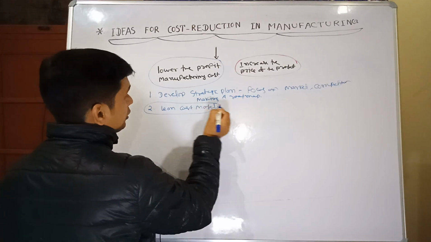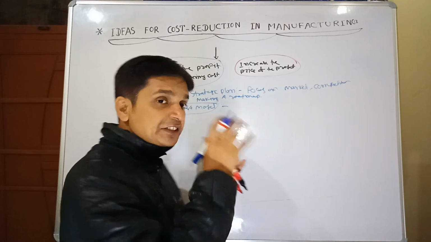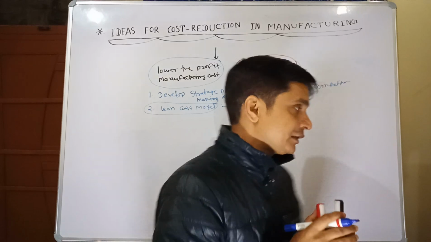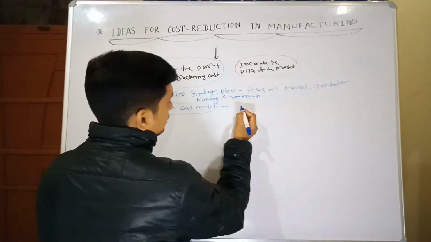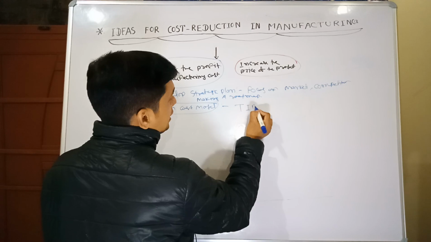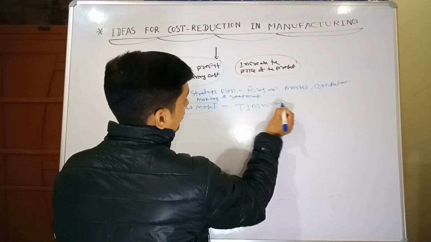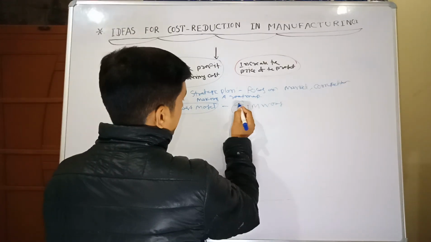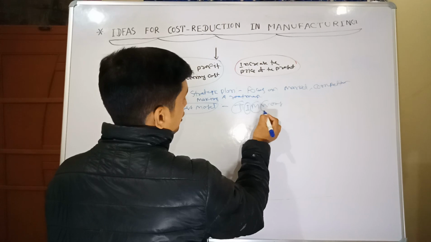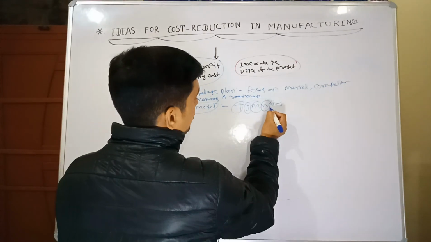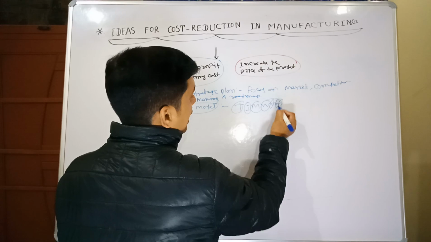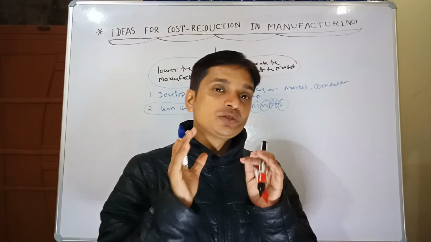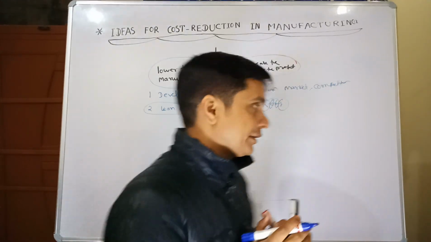In the lean cost model, you have to address the seven wastes: transportation, inventory, motion, waiting, over processing, overproduction and defects. If you address the seven wastes, you will reduce the cost of the product.